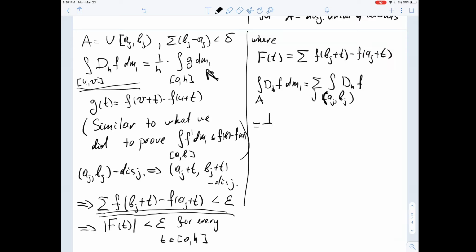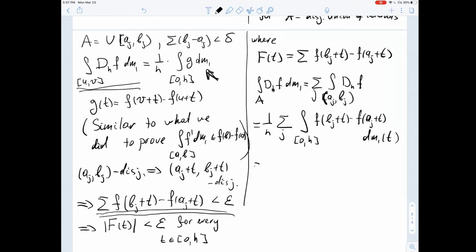So this is 1 over h, sum over j, integral from 0 to h, which doesn't depend on j, of f of bj plus t minus f of aj plus t, dm1 of t, I should write.